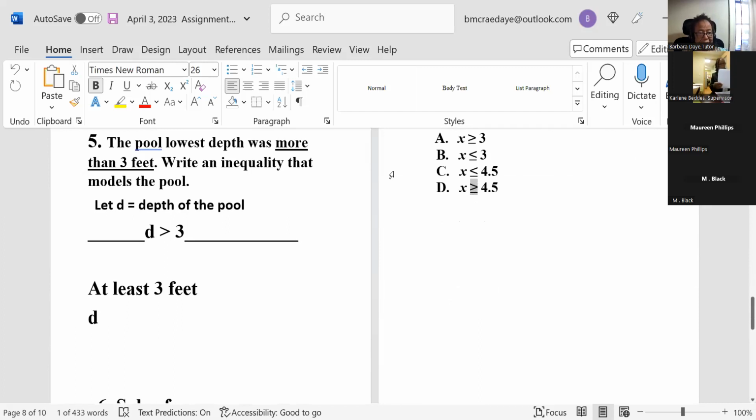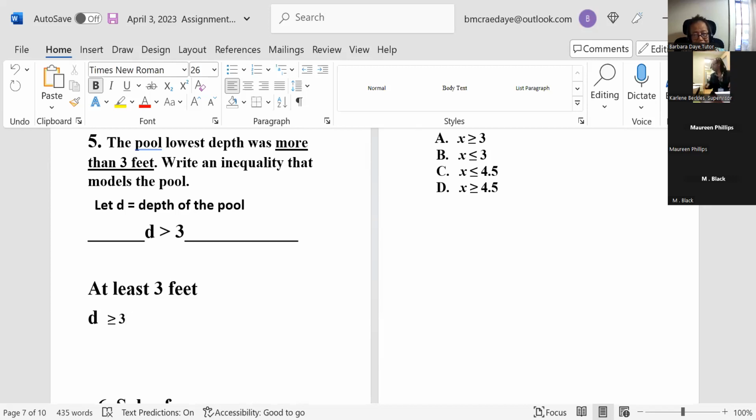At least means D is greater than or equal to 3. Got it? So that's when the V is open to the letter D. Right, just like that. And then a line underneath for at least, because at least means greater than or equal.